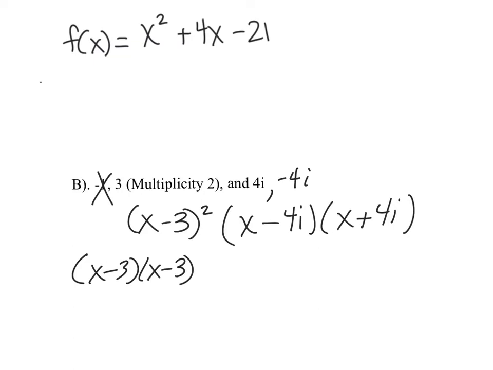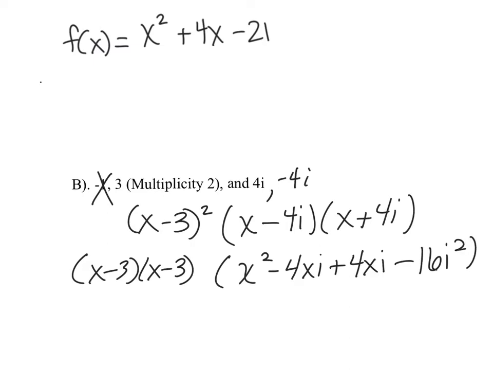So if I do the imaginary, you're going to have x squared minus 4xi plus 4xi minus 16i squared, and you notice that the xi's cancel. So you have x squared, and then i squared equals -1.